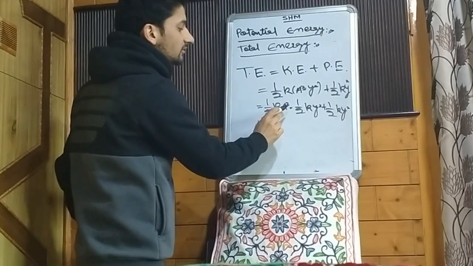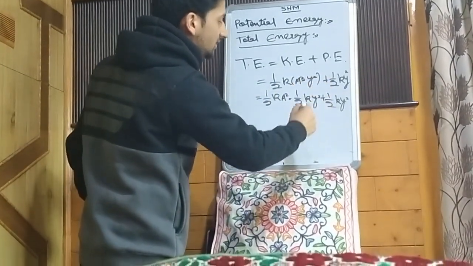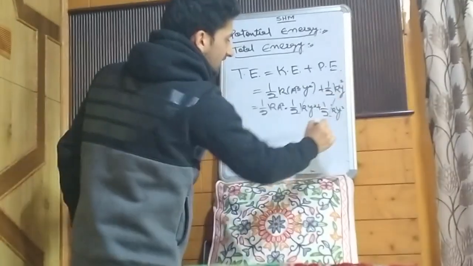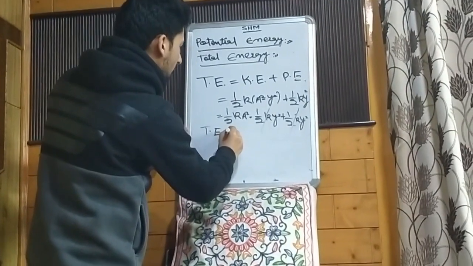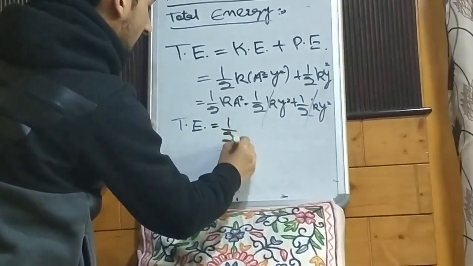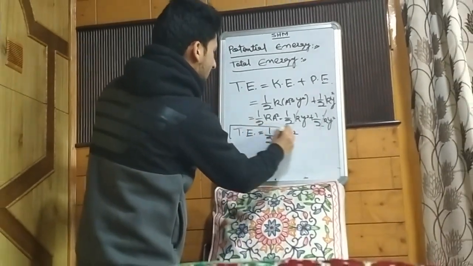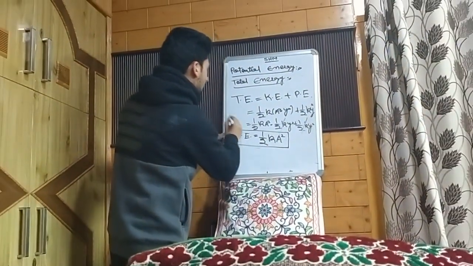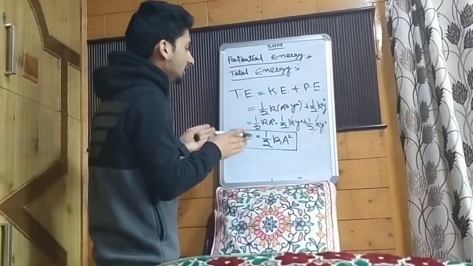So minus 1/2 of k y square plus 1/2 of k y square, these two terms will get cancelled, and total energy will be equal to 1/2 of k a square. So this is the expression for the total energy of a particle executing simple harmonic motion: E equal to 1/2 of k a square.